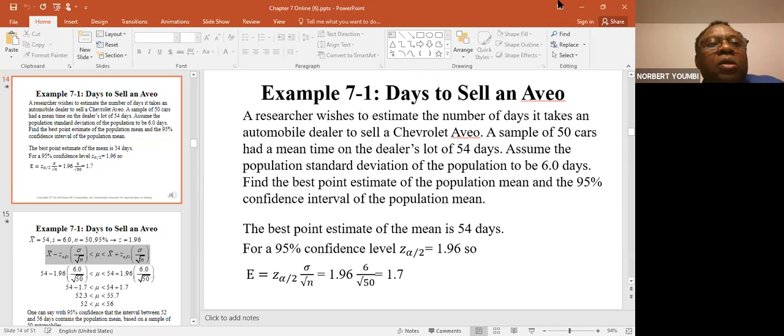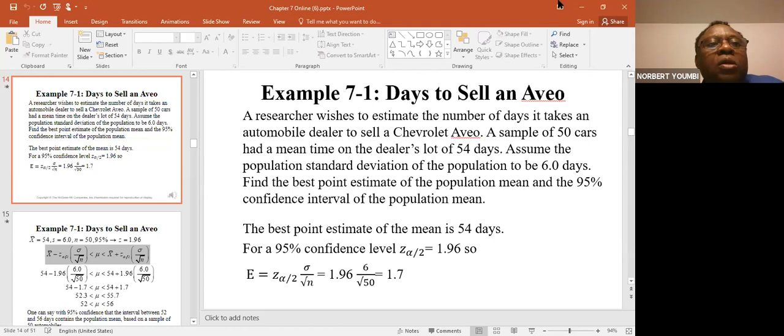As I said before, the best point estimate for the population mean is the sample mean. So here it is 54 days. For a 95% confidence level, Z alpha over 2 is 1.96. So we are going to fit this into the margin of error formula, E equals Z alpha over 2 times sigma over square root of n.